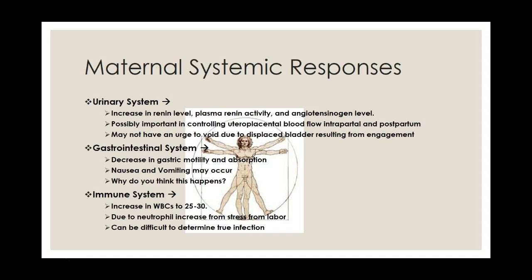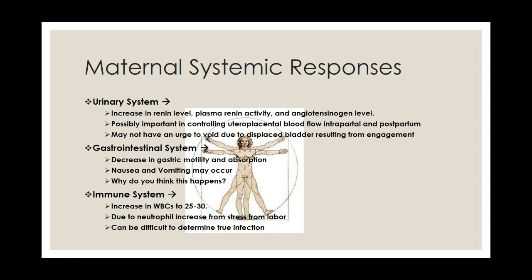So, for example, as the fetal head starts to descend and engage in the pelvis, the bladder becomes displaced. We want to make sure that the bladder is empty before moms get to a second stage of labor and they start to push.